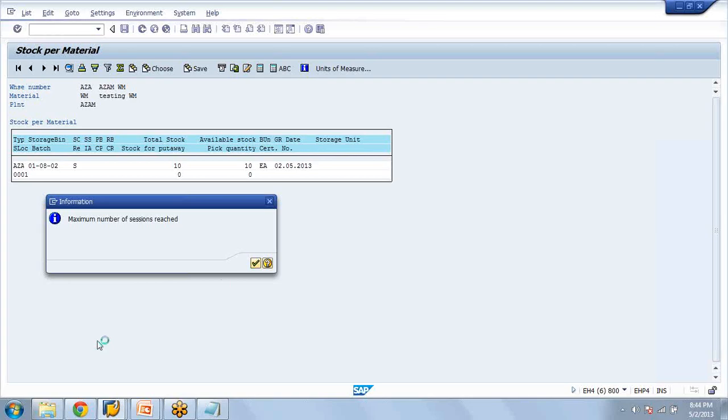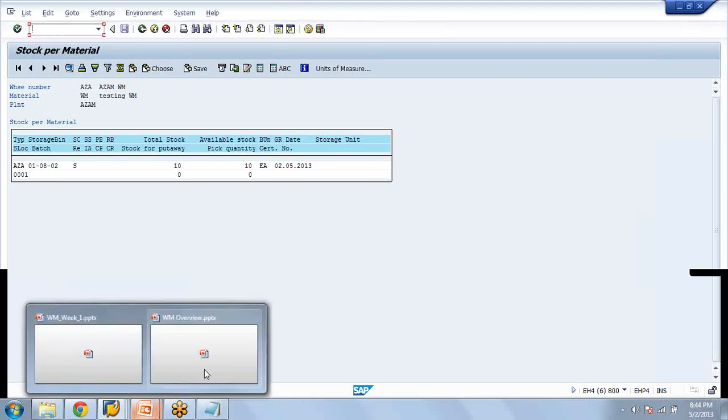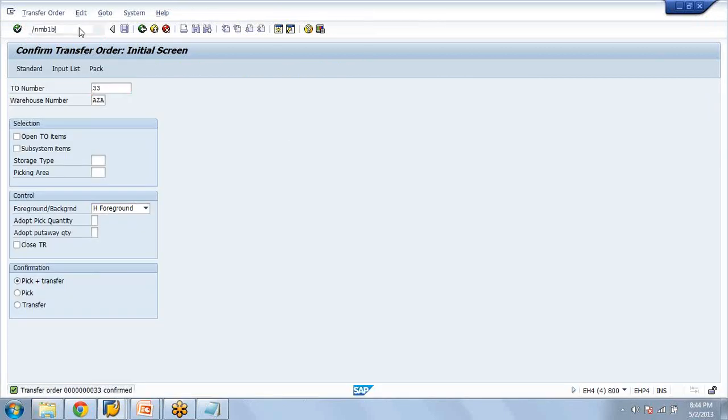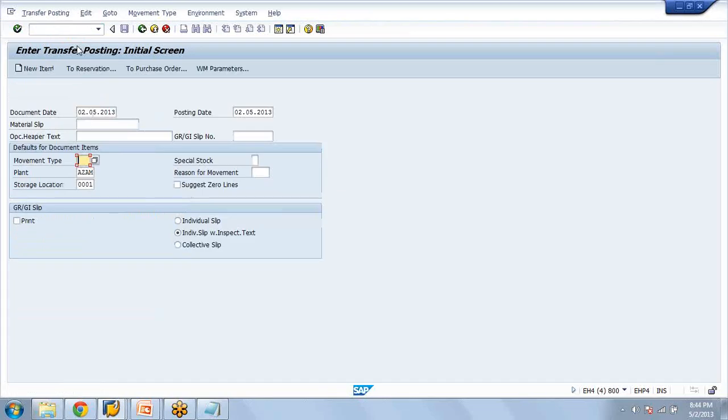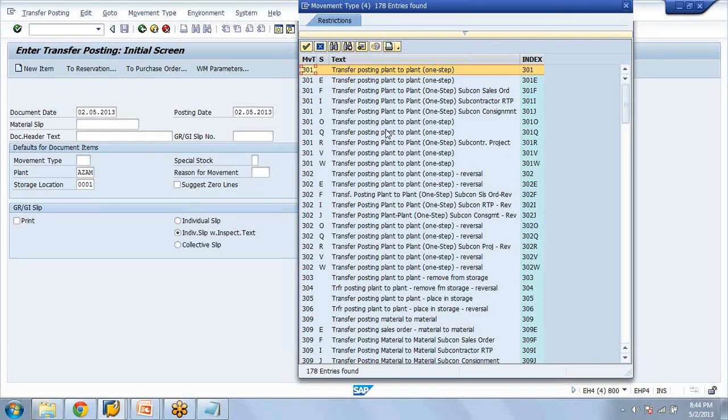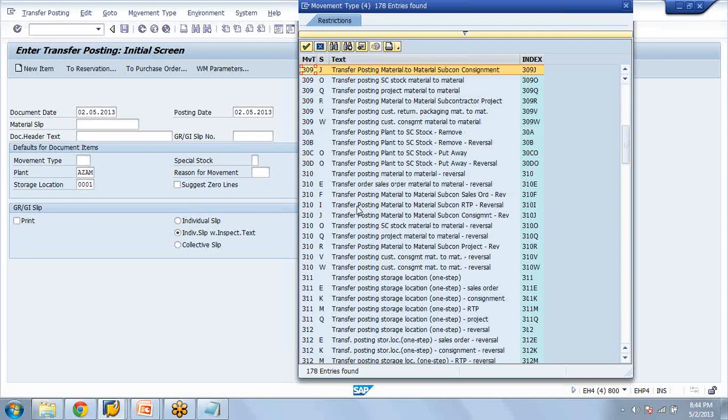For that, in IM we do a transfer posting, right? Transfer posting blocked stock. Just change the movement type.